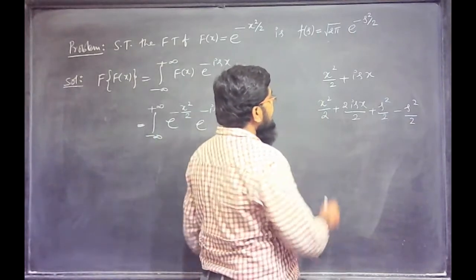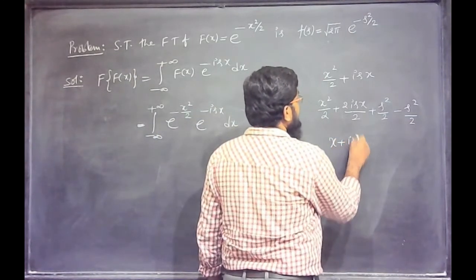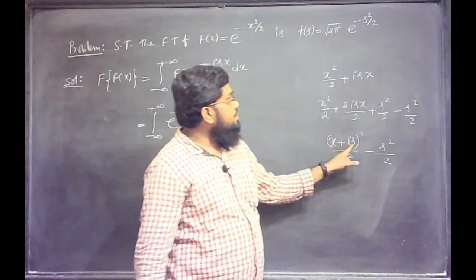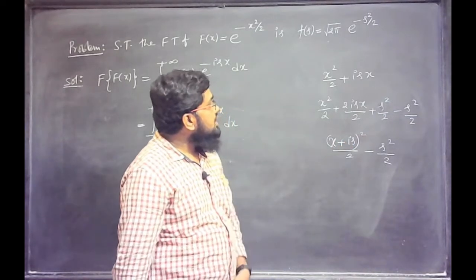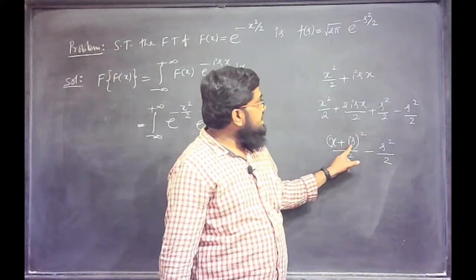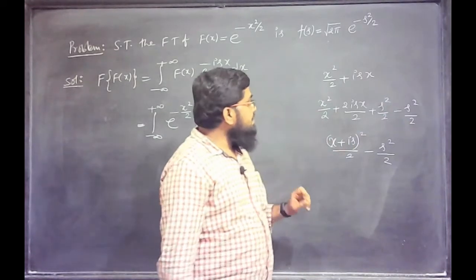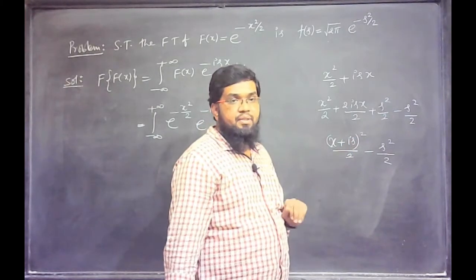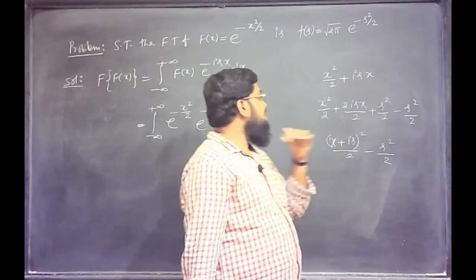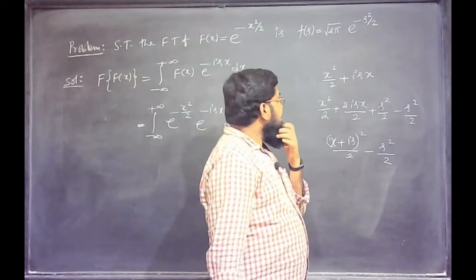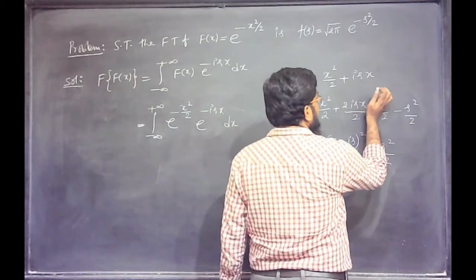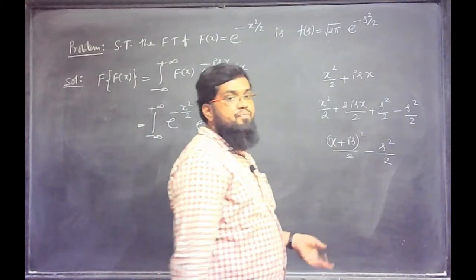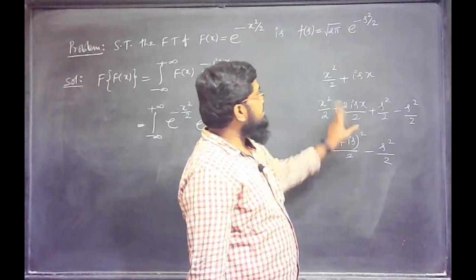Now you can see it will be x plus is whole square by 2 minus s square by 2. a square plus b square, so b square is is by 2. So what I will get, i square is minus s square by 2. So I require the minus s square, that's why plus s square by 2. Then the b square term, it is a square plus b square plus 2ab, 2xis.